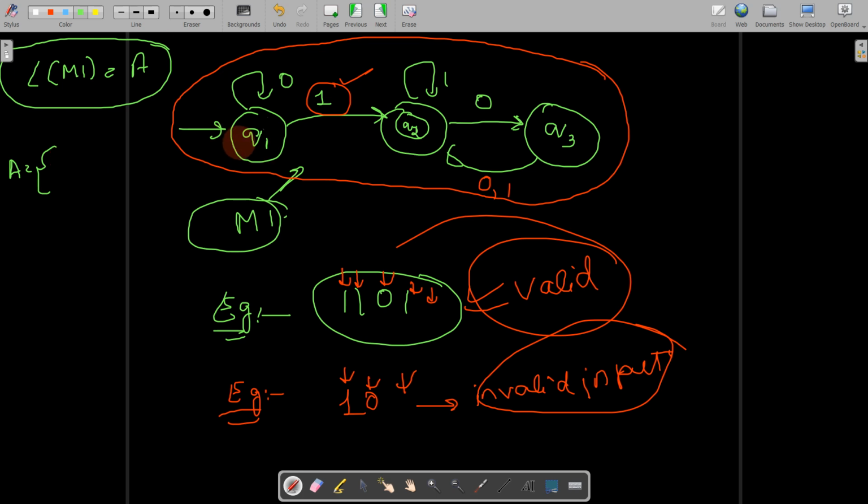Okay. So for this machine, as I told you before, it is accepting all the strings which end in 1, or after the last one, end with an even number of zeros.